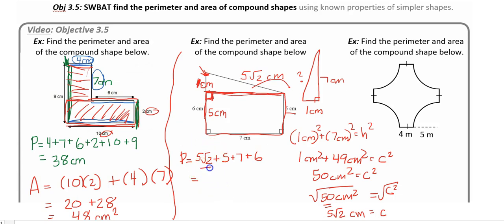And the 5 square roots of 2 and the integers cannot combine because these are irrational and these are rational. So we'll get 5 plus 7 is 12 plus 6 is 18 plus 5 square roots of 2 centimeters. That's the perimeter.